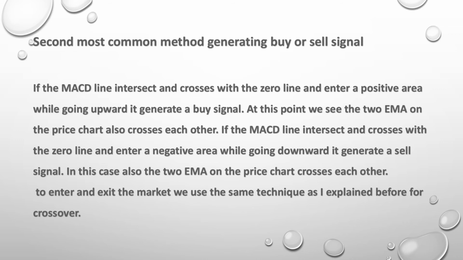If the MACD line crosses the zero line and enters a negative area while going downward, it generates a sell signal. In this case, also the two EMAs on the price chart cross each other. To enter and exit the market, we use the same technique as I explained before for crossover.